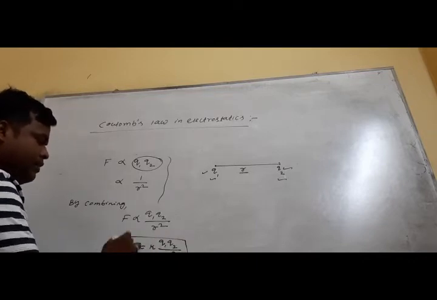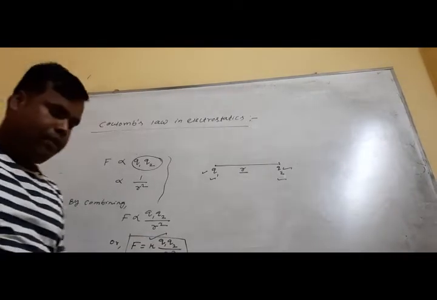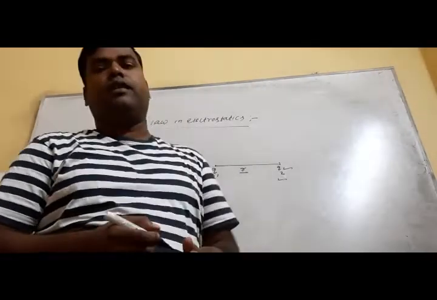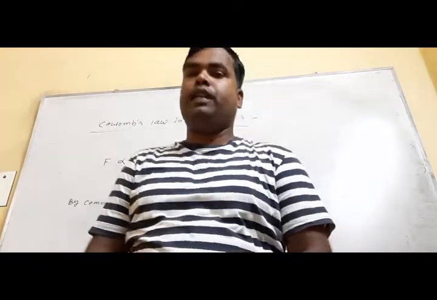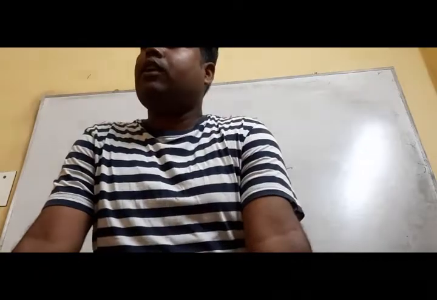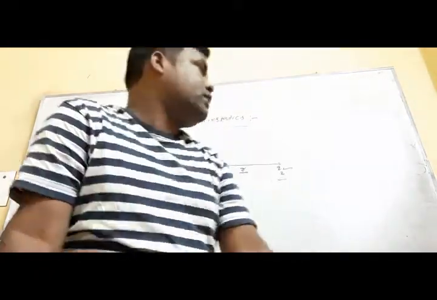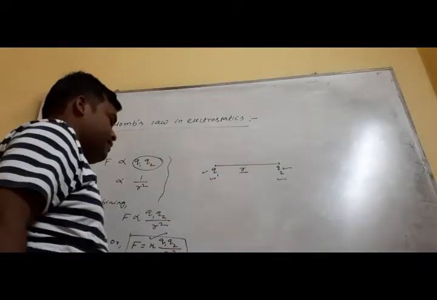This small k is the proportionality constant. The value of k depends upon the system of units in which the force is measured, and also the nature of the medium in which the two charges are kept.